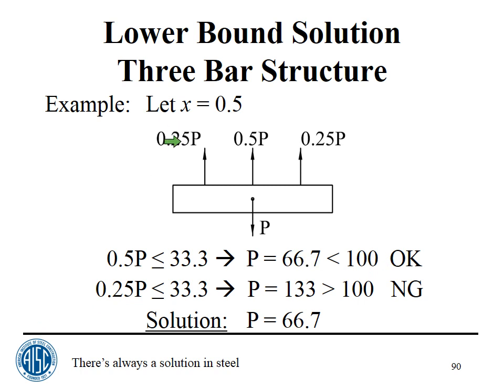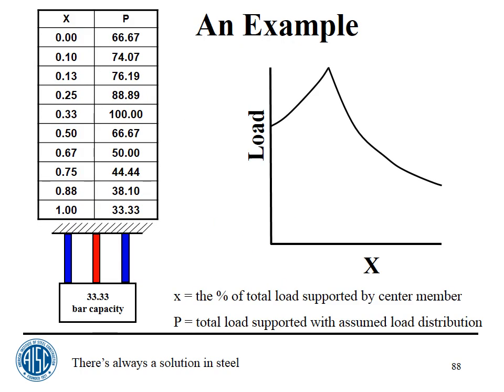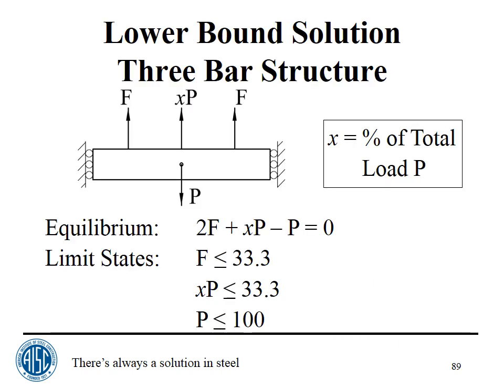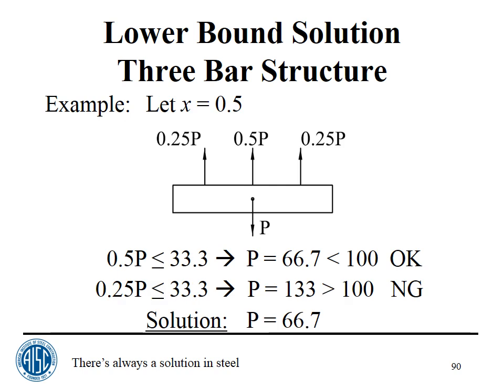Taking the other one, the 0.25 P, setting it equal to, or less than, 33 1/3, I get P equals 133, which is greater than 100, which is NG. The solution is 66 2/3, which is exactly what we got when we picked 50% right here. Every one of these solutions that you see in here satisfies equilibrium in the limit. Every one is a satisfactory solution. But there's one that's better than any other, and that's the one that's 100 kips, which is the actual true solution in this case.